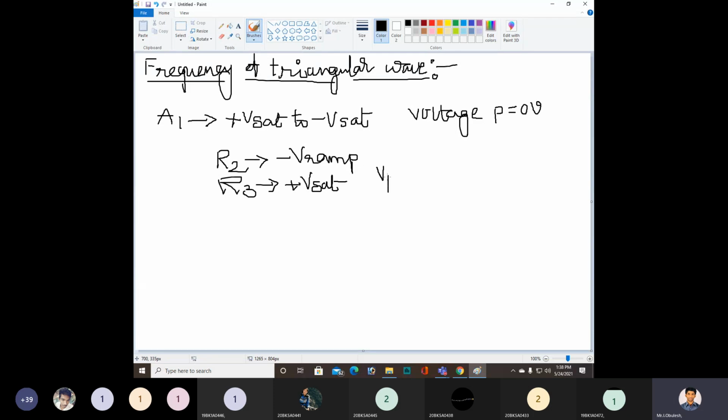Vp is equal to plus V saturation times R2 by R2 plus R3, minus V ramp times R3 by R2 plus R3.